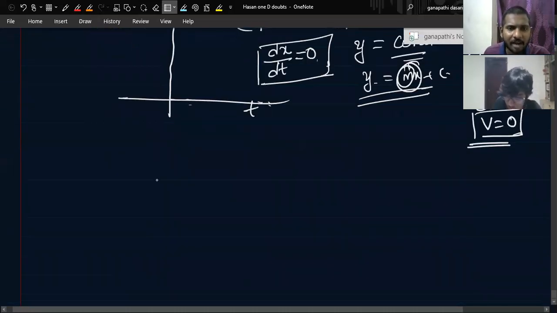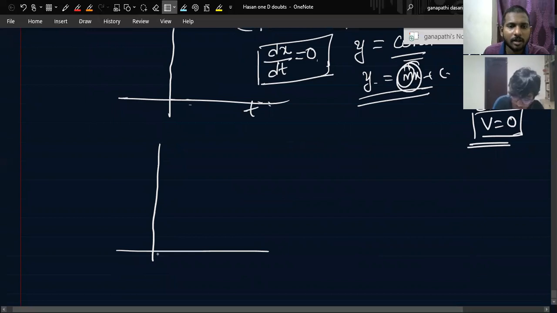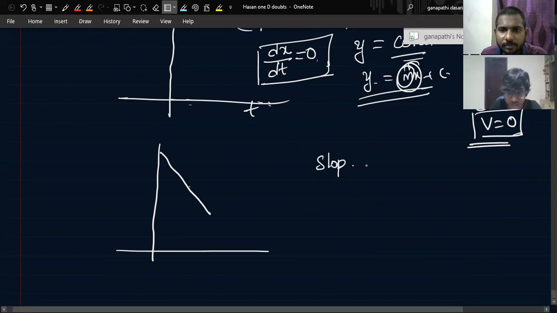Then another graph is of this sort. What is this? This is also a straight line. So slope is y equals mx plus c, constant but negative.